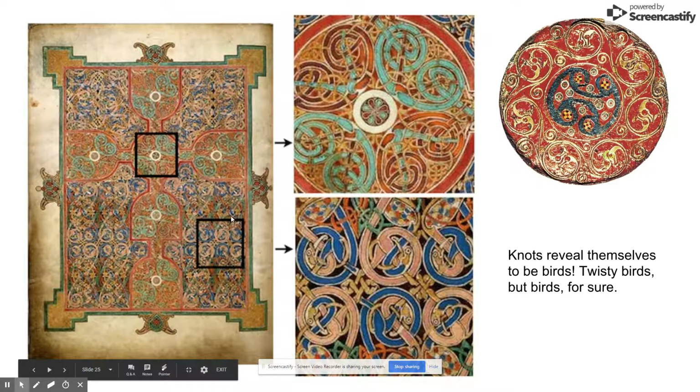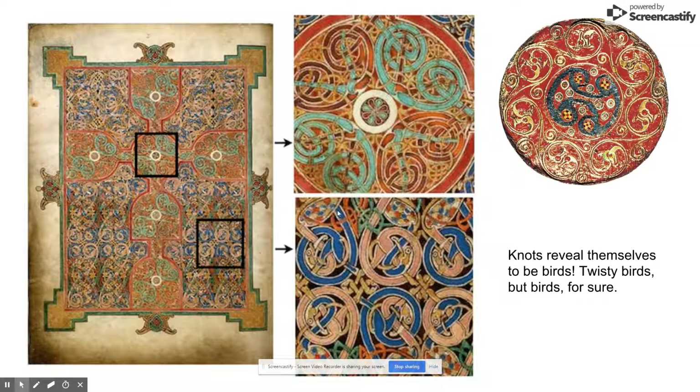Okay, so I told you that there were animals here, so let's look very carefully. If you look carefully, you can see a bird, right? And the birds, in fact, are very long-legged and long-necked, and they've got teardrop-shaped bodies.